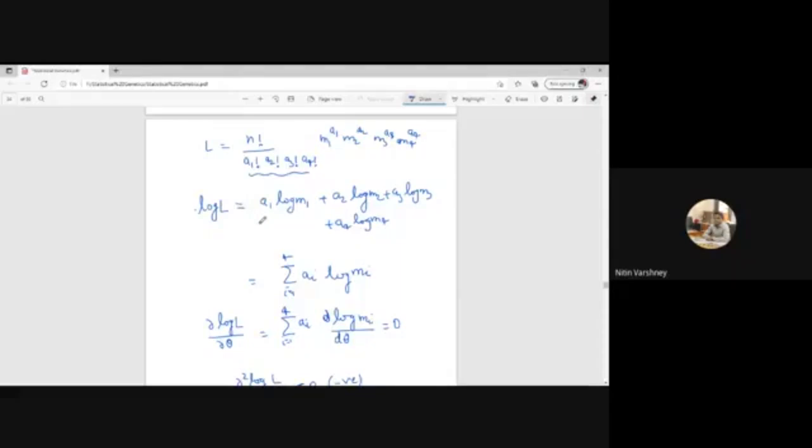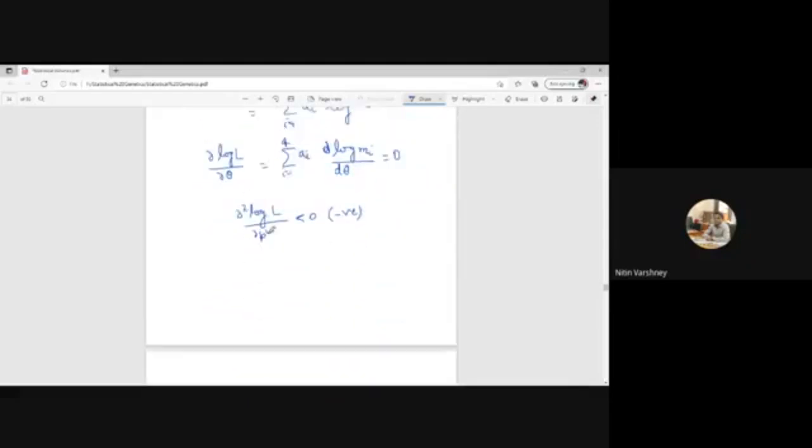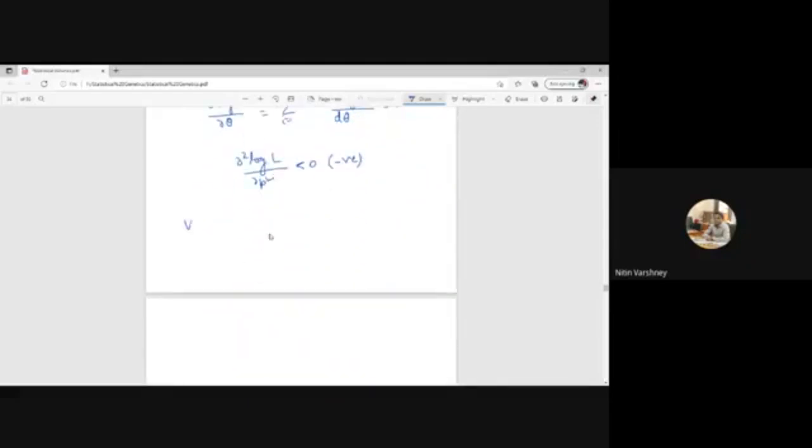The variance of theta in this case, by the same method, will be minus 1 upon the expected value of del square log L upon del theta square.